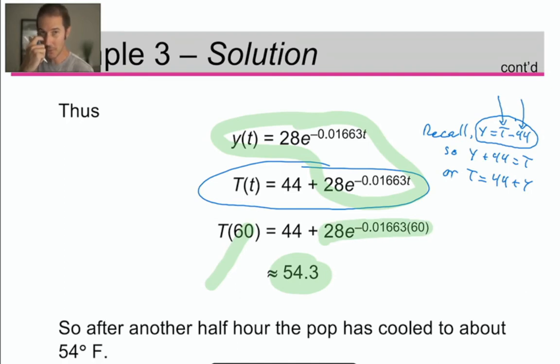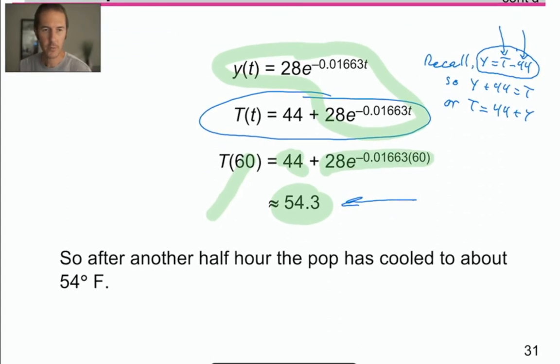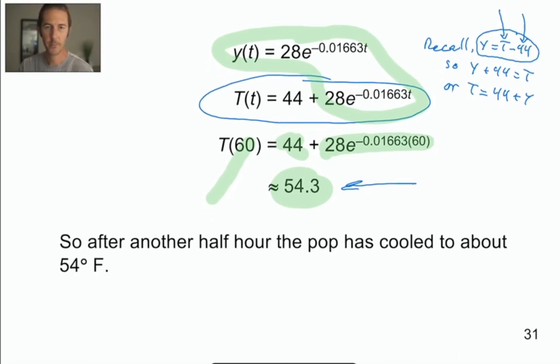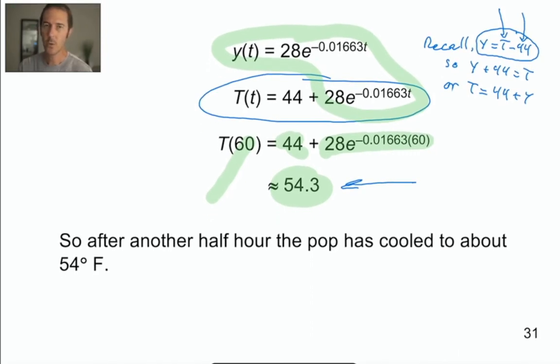And then you increase that by the temperature inside the refrigerator, which is the 44 degrees, and you end up with what is actually the temperature of the bottle of soda. All right, so we see it's written for, so after another half hour, the pop has cooled to about 54 degrees Fahrenheit. So again, you want to be keeping track of the rhythm of these styles of problems.